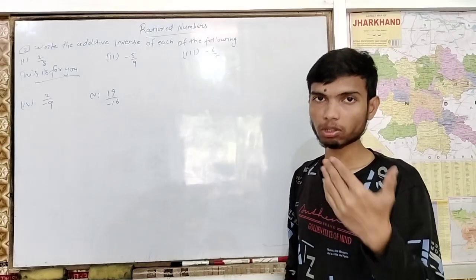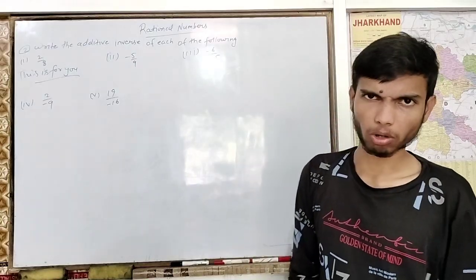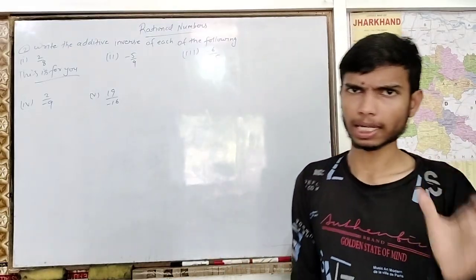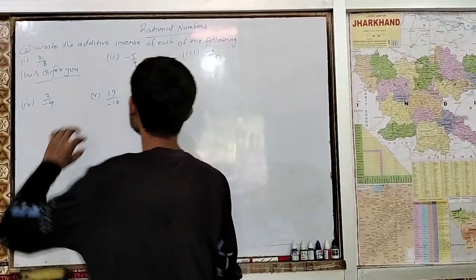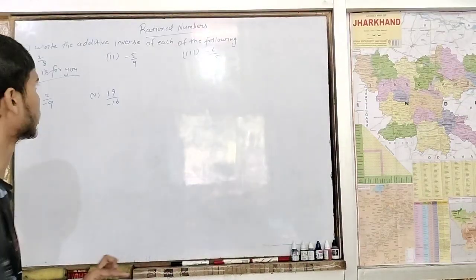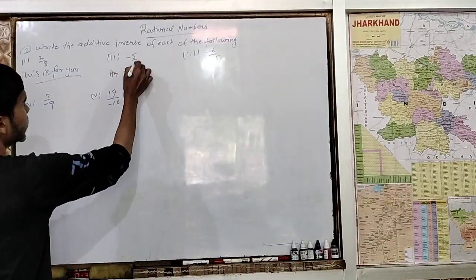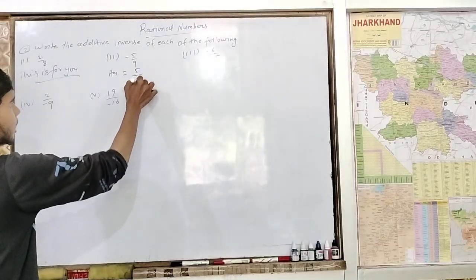And whatever number you are observing with a positive, let it be as it is. For example, here minus is in the numerator, so we will convert this. Answer will be what? 5 upon 9.